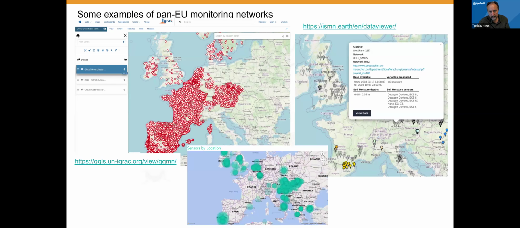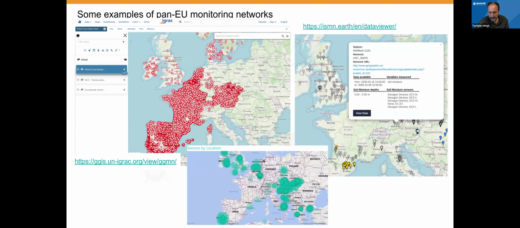Also, very good news is that there's more and more sharing of data by groups, in European projects and pan-European projects. I'm just showing some examples of a project where people share groundwater measurements, on an hourly basis. These are the red dots. Then there's the International Soil Moisture Monitoring Network.